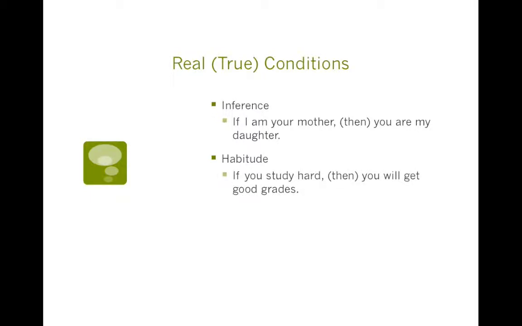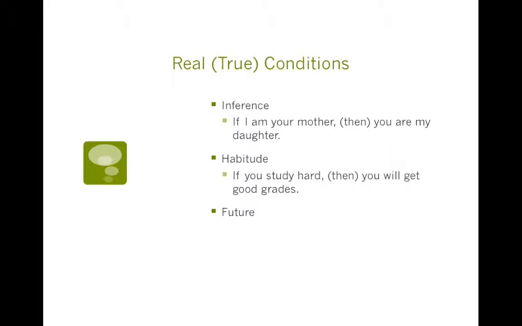First, let's look at some examples of real or true conditions. So remember, inference is the if-then situation. If I am your mother, then you are my daughter. Habitude expresses the conditions and results that occur repeatedly. So if you study hard, you will get good grades. And if you notice, I put then in parentheses because a lot of times you don't need to include the then.